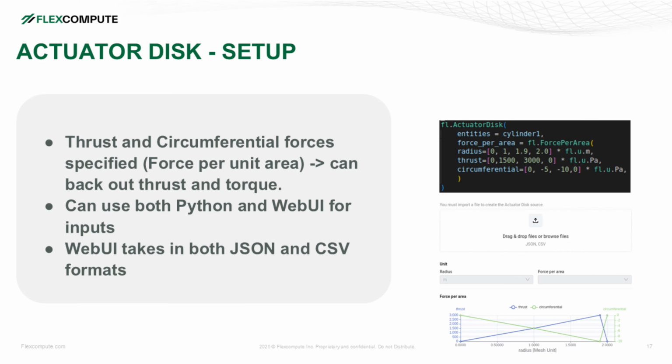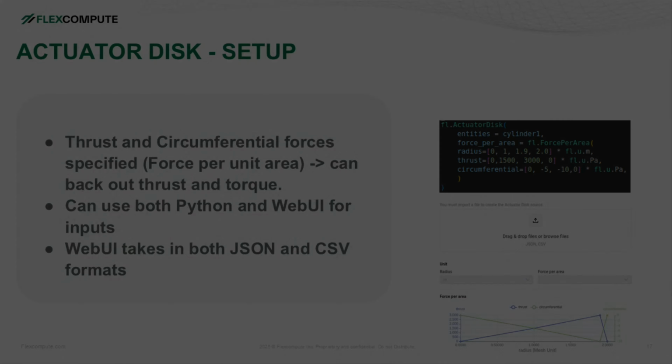Now we will briefly walk through the setup for each model. For actuator disks, you specify thrust and circumferential force per unit area as a function of radius. This can be done in the web UI or via Python. Inputs can be provided through CSV or JSON files, which are plotted in the UI for validation.